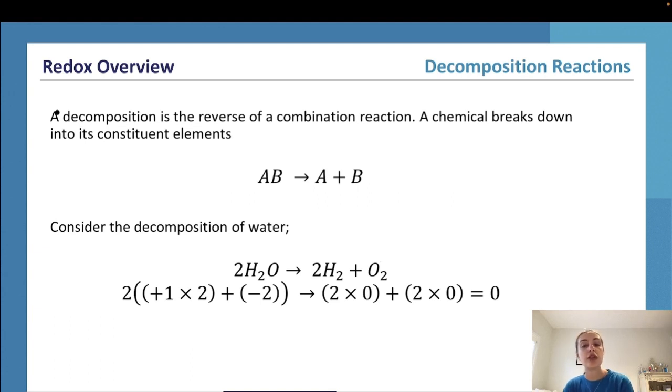And so if the hydrogen is being reduced, that means that it is the oxidizing agent, because when it gains those electrons, it's being donated them by the oxygen. So the oxygen is losing 2 electrons and hence is being oxidized, and so hence it is the reducing agent. It's causing the hydrogen to be reduced.